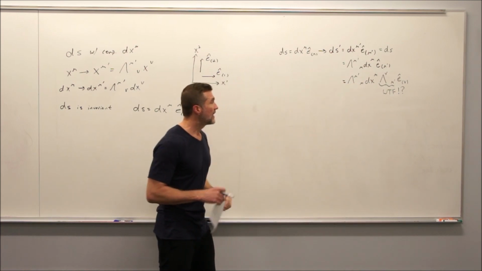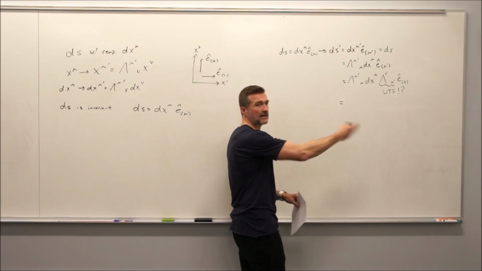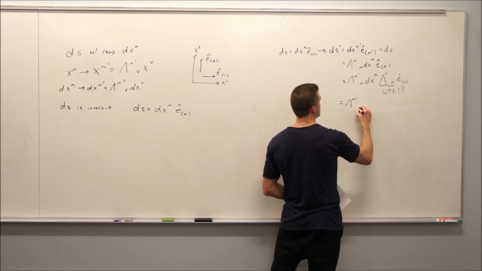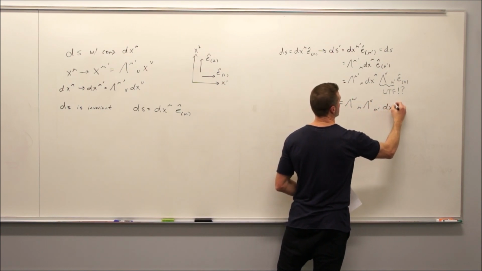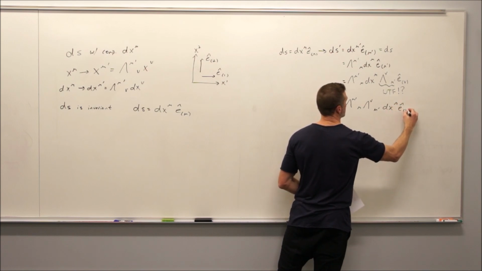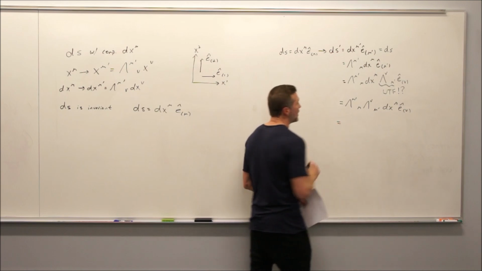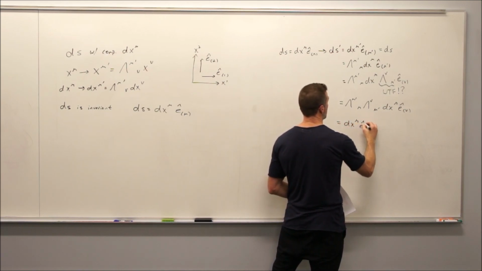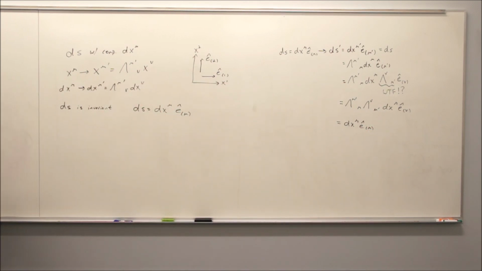But if we take this expression, and remember with index notation you can move things around at will, we can write this as follows. At the end of the day, we want this to be equal to dx mu e hat mu, the thing we started with.